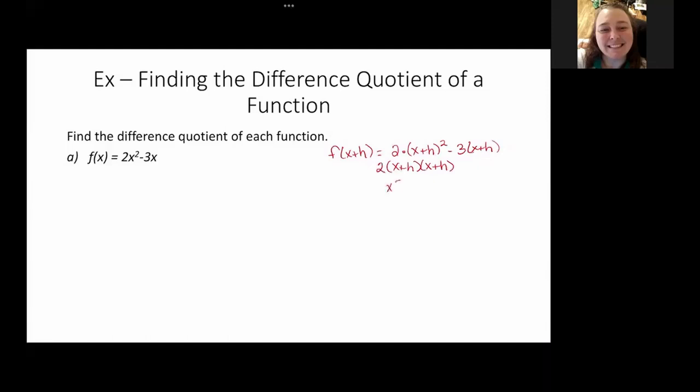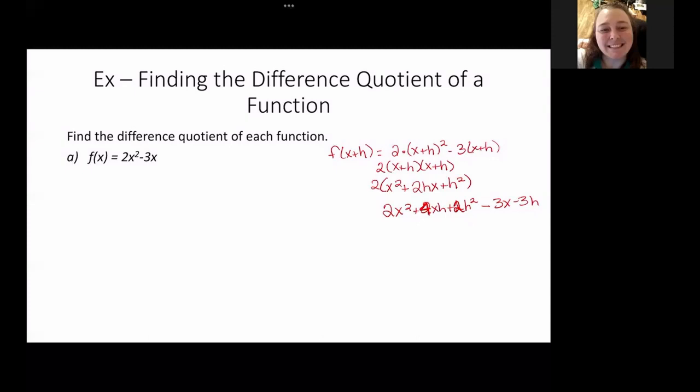So that gives x squared plus 2hx plus h squared times 2, plus 4xh, sorry, plus 2h squared, I forgot my square, minus 3x minus 3h.